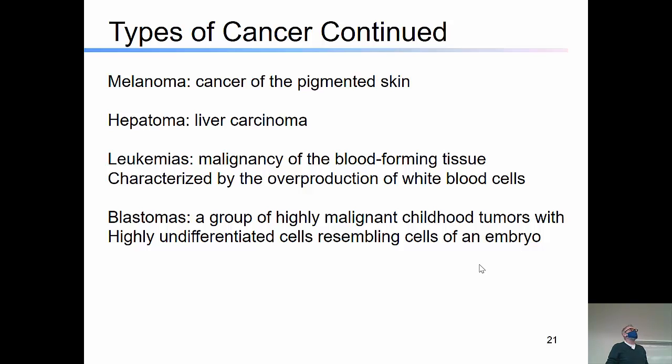I think it has to do with the prevalence of occurrence. Melanomas are fairly common, and so they have a specific name. I would imagine all the different epithelial carcinomas have different specific names, depending on the tissue. Is blastoma only for children? That I'm not sure about, sorry.